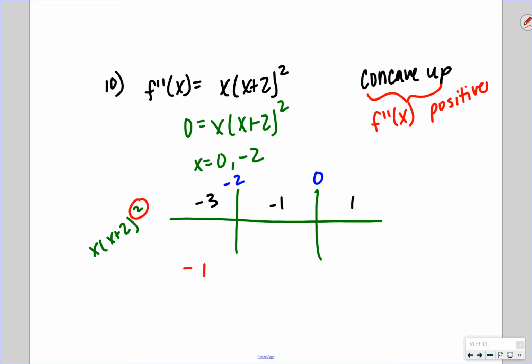Anything squared is positive. Negative times a positive is negative. Negative 1 out front, negative. Second factor, always positive. Negative. 1 out front, positive. Second factor, always positive, positive. I am only concave up from 0 till forever. So x is greater than 0, which is B.